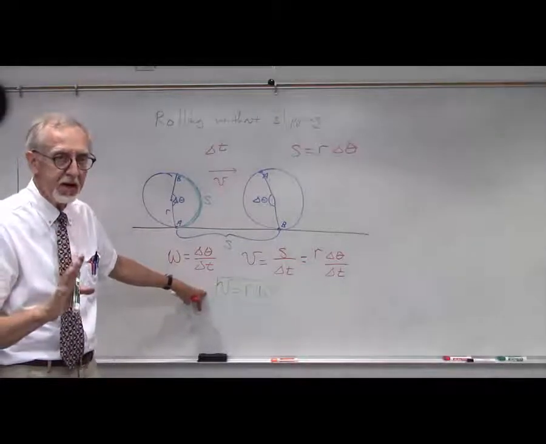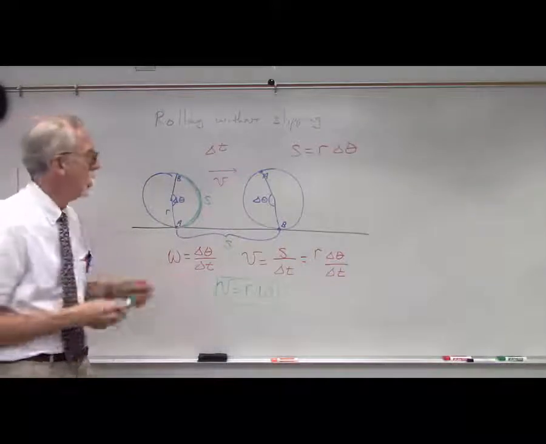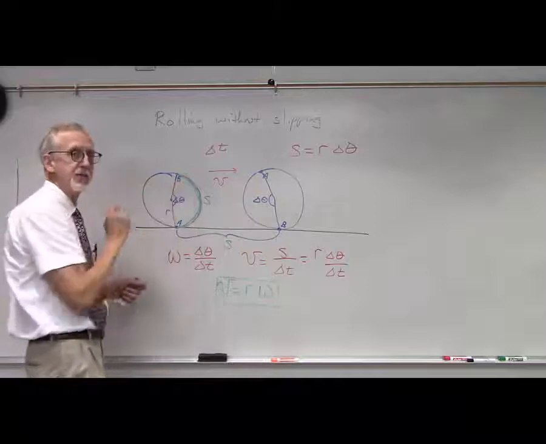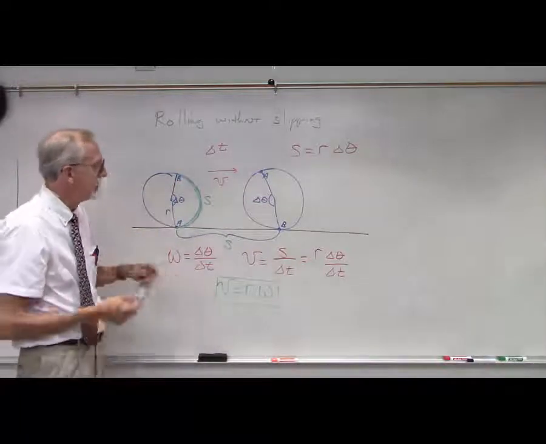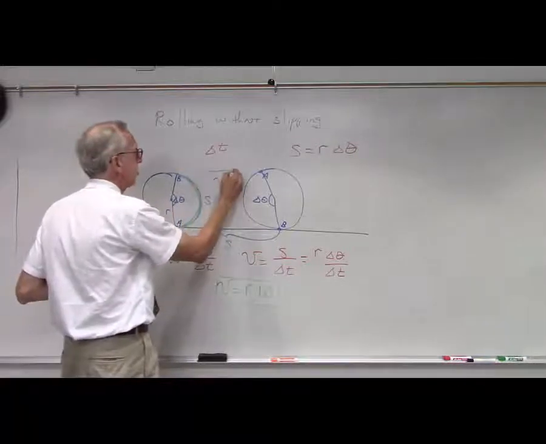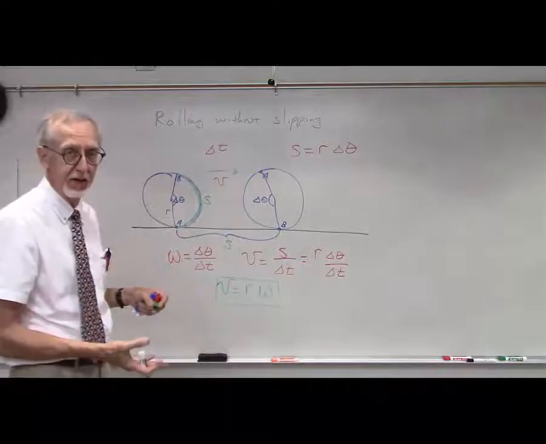But let's keep in mind, those are actually two different things. That v that we were talking about before was the translational velocity of a point on the edge of the wheel. While in this case, this v is how fast the wheel is moving horizontally. How fast is it translating?